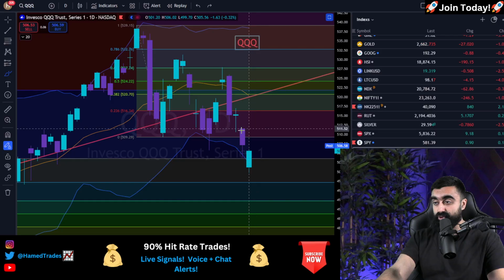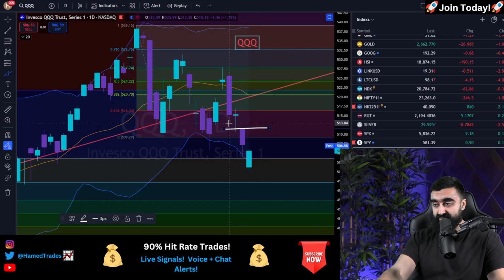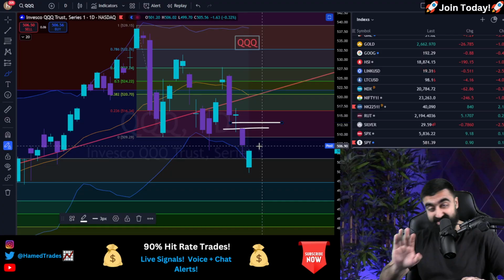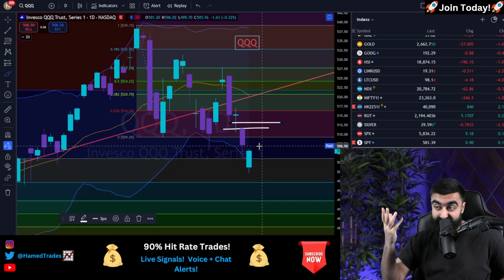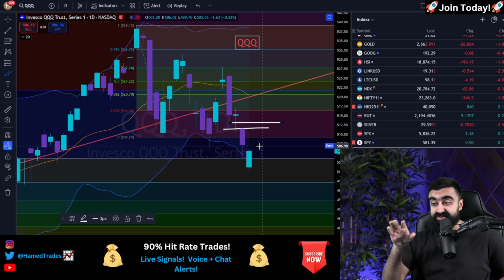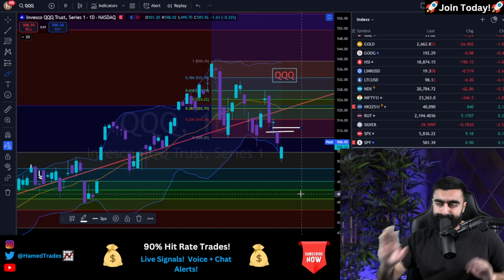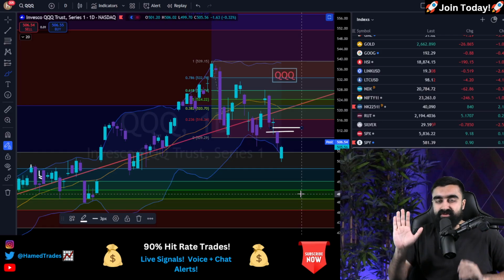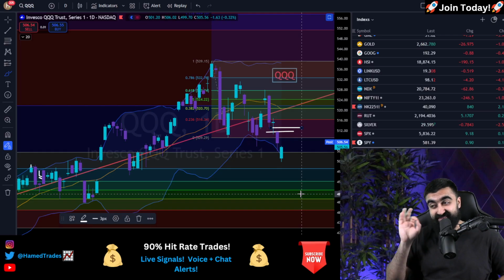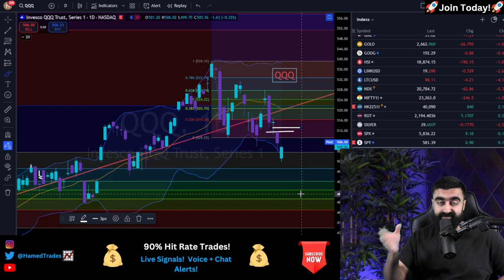The NASDAQ could end up breaking above 512, 514 tomorrow. If it ends up doing that, once again, I don't think that we will end up seeing lows here, but just purely based off of what I'm seeing, this is not your average bottoming out process, which is my point.